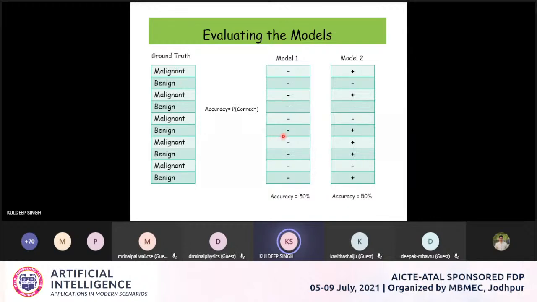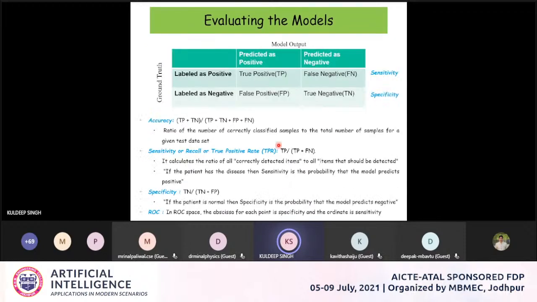On the other hand, model 1 is not able to distinguish between these two classes. So what I want to highlight here is, accuracy is not the only correct measure for evaluation of the models. There are other measures for evaluation of these trained models.